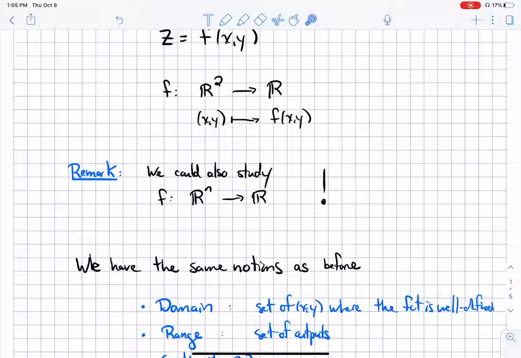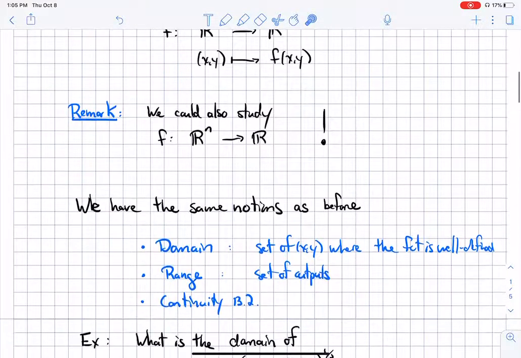So at some point I run out of dimensions. But those functions exist, they're fine, it's just that you cannot graph them the usual way. Those functions have the same kind of concepts attached to them, and that's what we're going to do for the next couple of weeks.